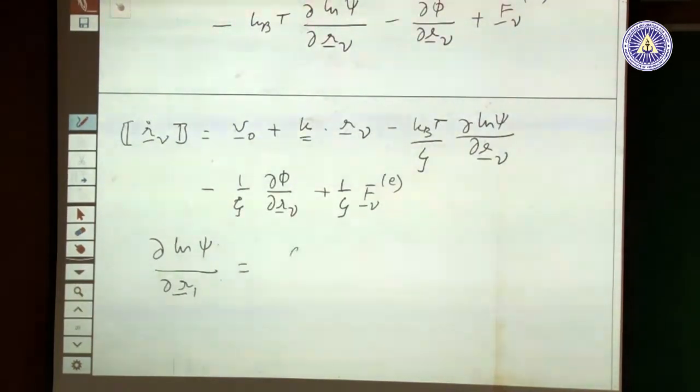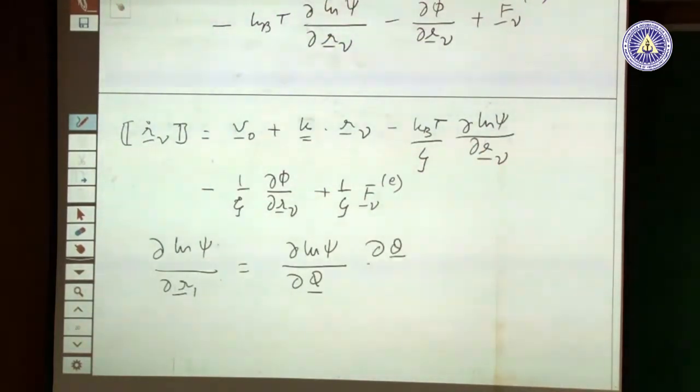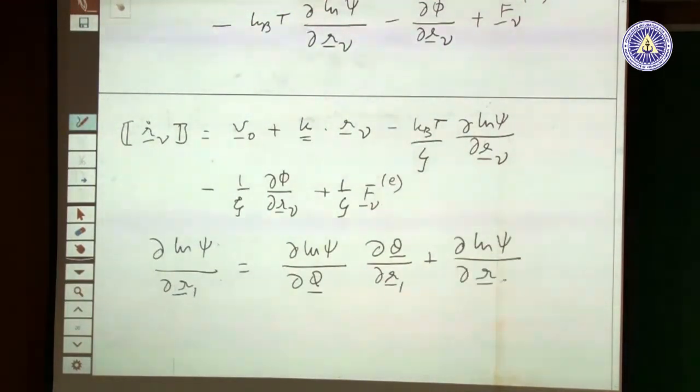So, this would be written as del log psi over del Q times del Q over del R1 plus del log psi over del RC times del RC by del R1. So, you can use either RC and Q or R1 and R2 as the variables.